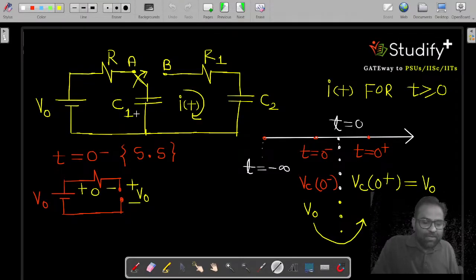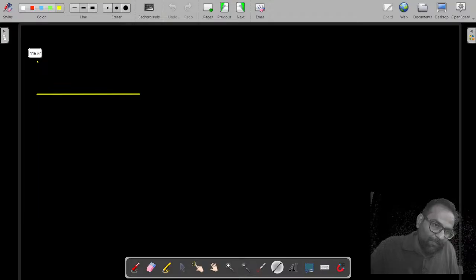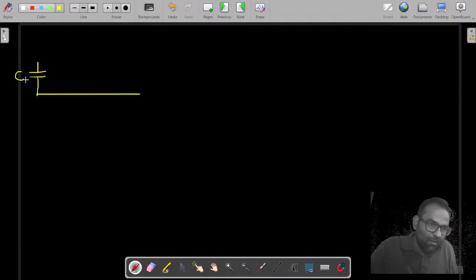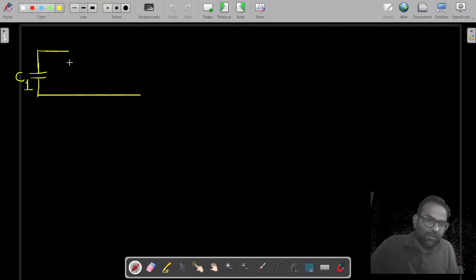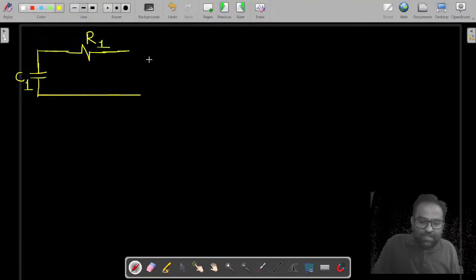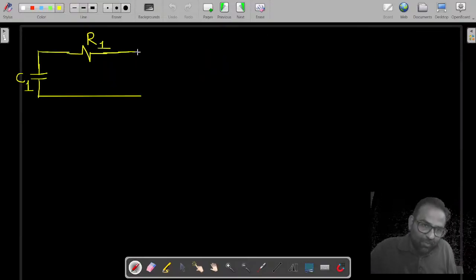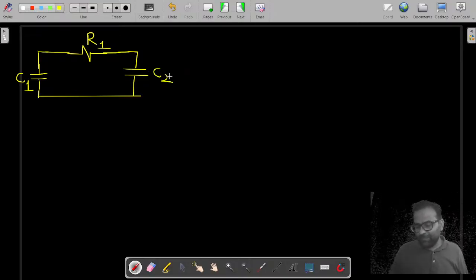We are having one capacitor C1, and take care of the polarity also. Then we are having one resistance R1, and then we are having one capacitor C2.